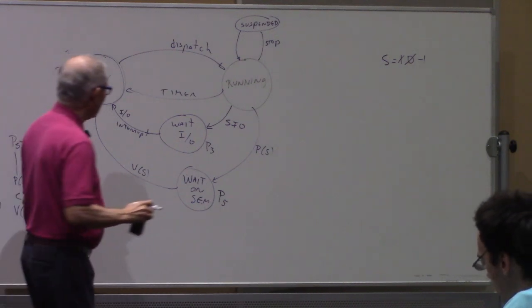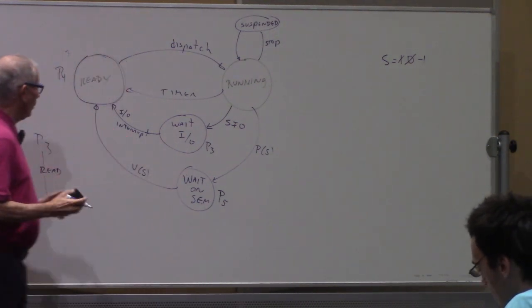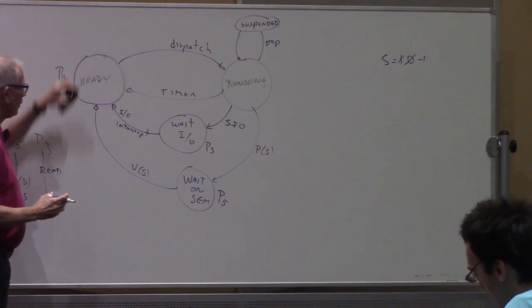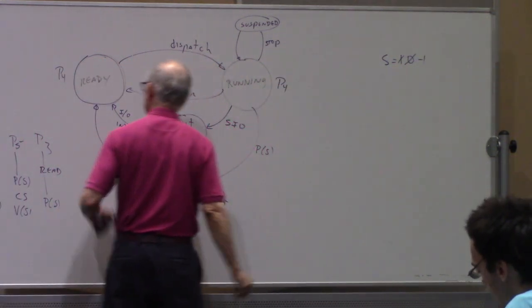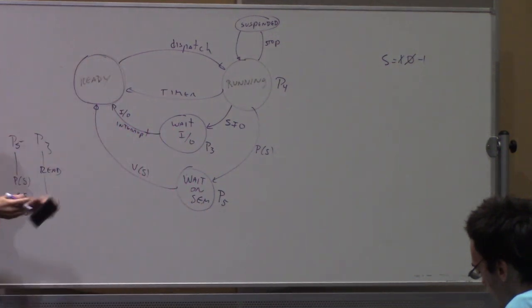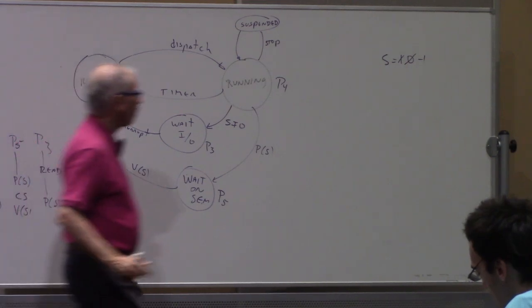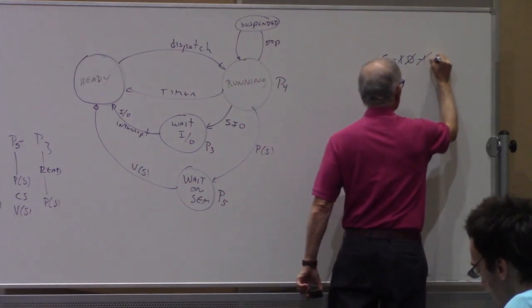Okay? So let's assume now that P4 is dispatched, because the CPU was idle, right? P4. And it was here. So P4 is running, gets out of the critical section and applies a V operation. What happens? This one is incremented by 1.